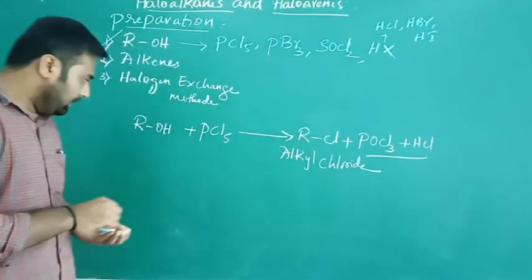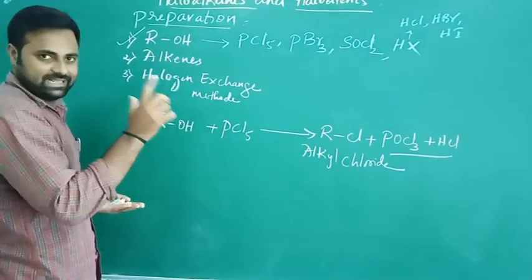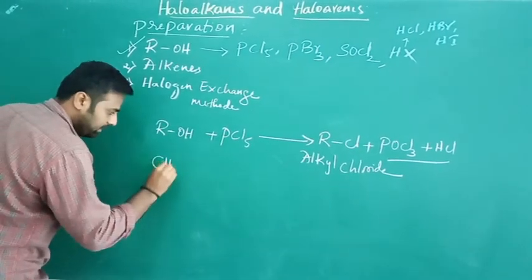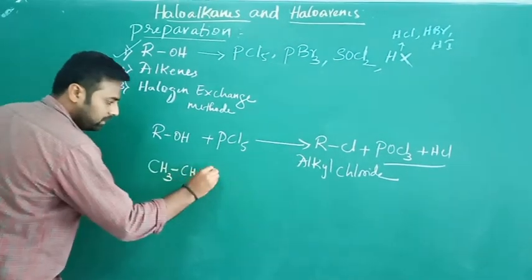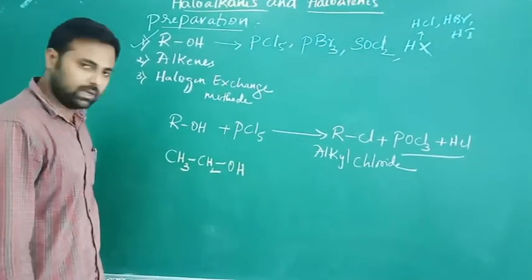I'll explain the same general equation with one suitable example. If you put R equals CH3CH2, that is ethyl, this is called ethanol. It is one of the alcohols, a primary alcohol.